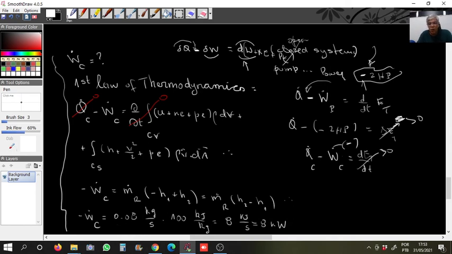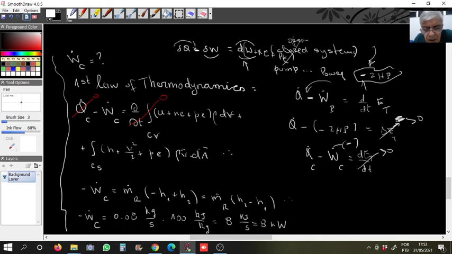What I did before, to calculate the entropy generation, was the second law of thermodynamics. This is the first law, the energy. Now this is the power of the compressor. You see, the variation of kinetic energy and potential energy, I'm not saying the kinetic energy is zero, I'm saying the variation is zero.